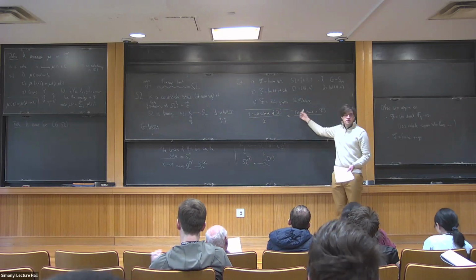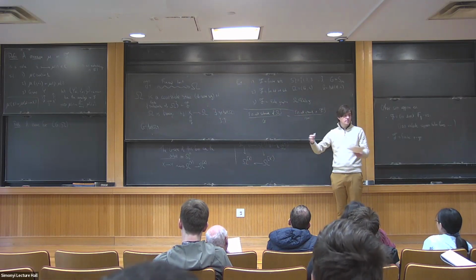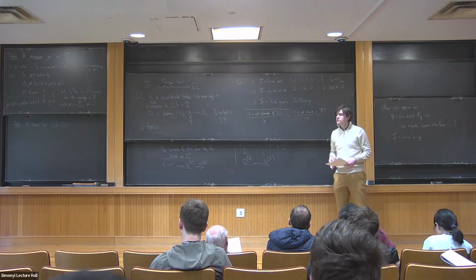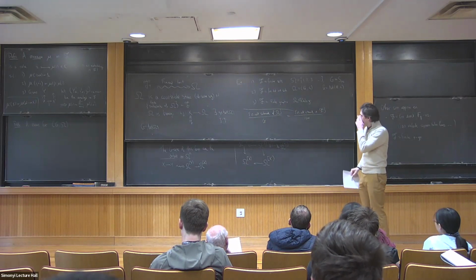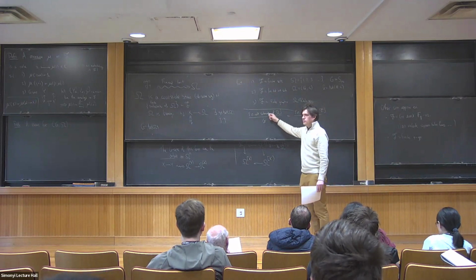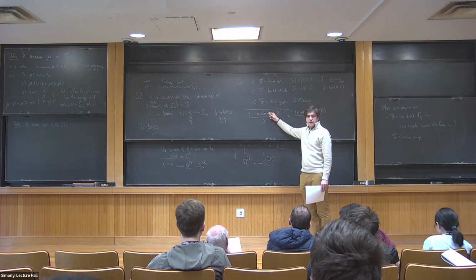Every n element structure embeds, and so it gives us an n element subset, and any two embeddings of the same structure are off by an element of G. And in particular, this tells us that the G orbits on this set is a finite set. There's finitely many orbits.